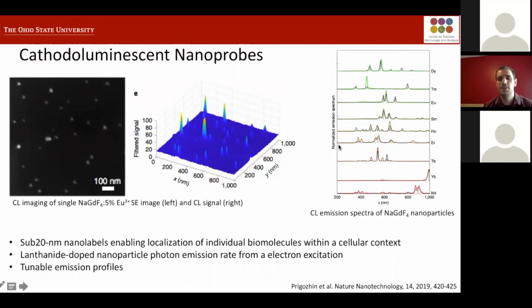So if you do spectrum imaging of these and you have different tagged nanoparticles with different dopants in them, you could actually look at a complete cell possibly and understand where they congregate into a few different areas based on choosing the monochromated imaging in those. So it's a really cool application that I'd love to try at some point, but we can definitely do some high resolution work with this technique.